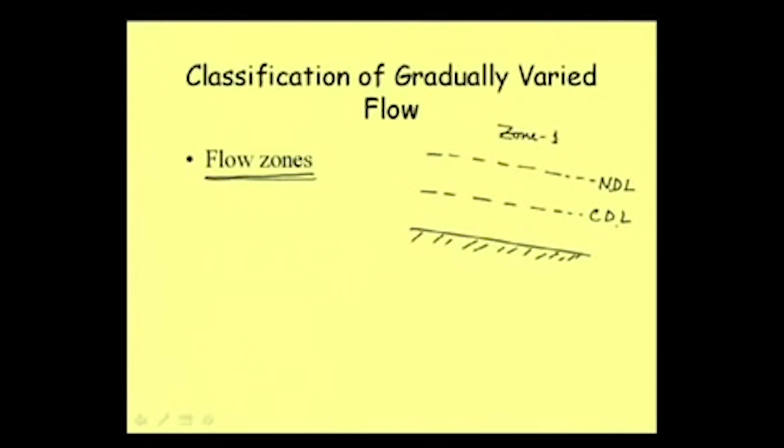Now, there is one more important point that we need to mention. Our NDL line will be above the critical depth line for a mild slope case, but for a steep slope case, our NDL will be less than the critical depth line.